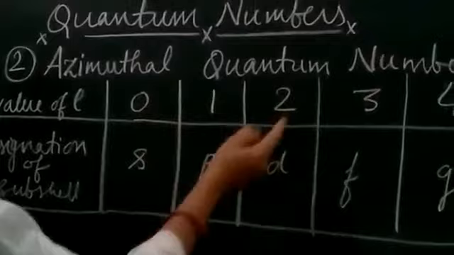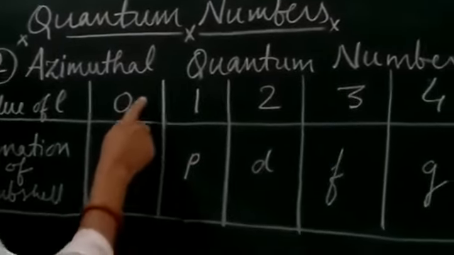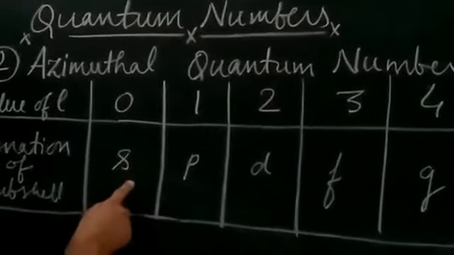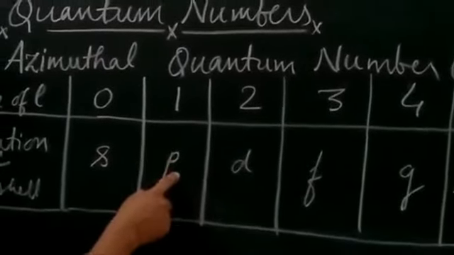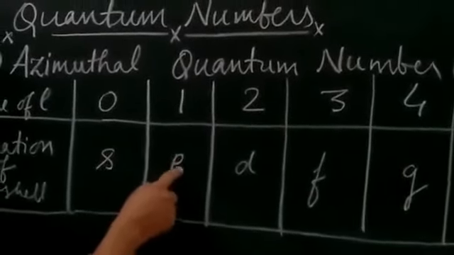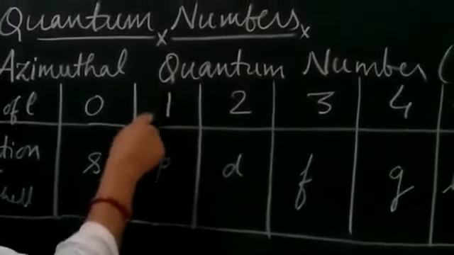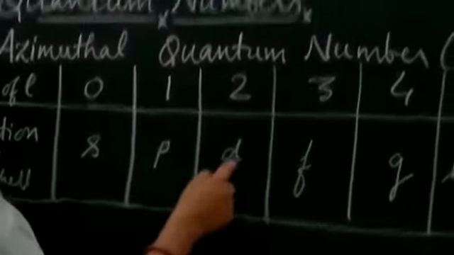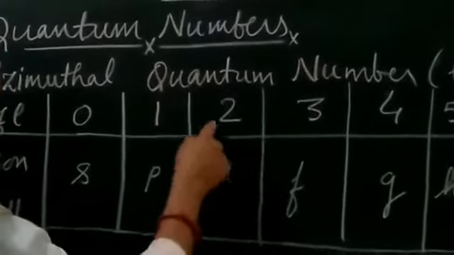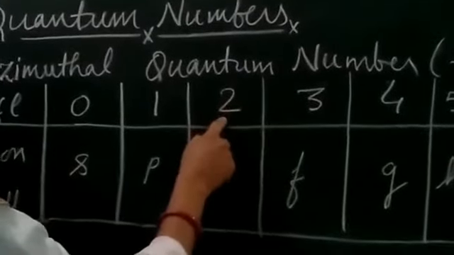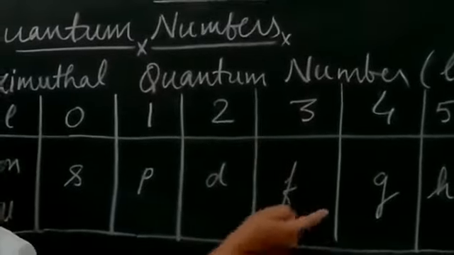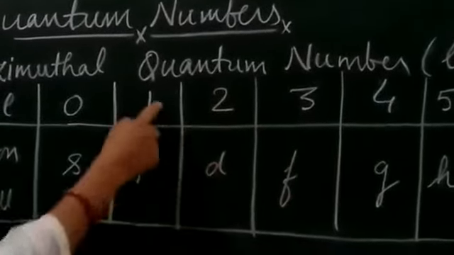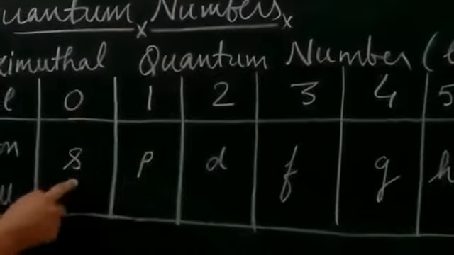And you have to learn this, that whenever 0 is written, it will be S subshell. P subshell is going to denote the L value 1, right? The same way D is going to denote the L value 2. Or if it is written 3, it will denote F, right? If it is written 2, it will denote D, 1 P and 0 S.